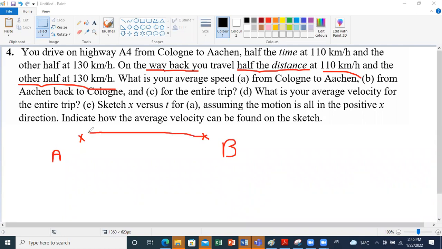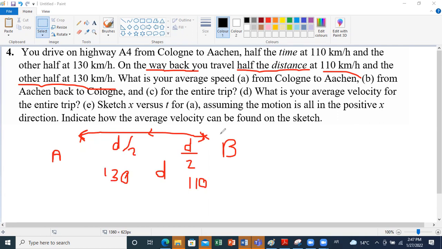Okay, so we'll do a similar analysis as we did before. We said before, here we have a certain distance d between A and B. Now, for the first half of this distance, for a distance of d over 2, we are traveling at 110 kilometers per hour. And for the other half, d over 2, we are traveling at a different velocity of 130. And then we go back to the definition of average speed.